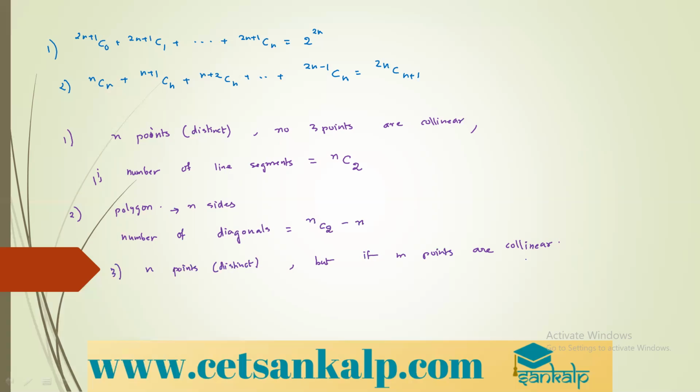And remember, these m collinear points will be greater than or equal to 3 points. Like sometimes 3 points are collinear, sometimes 4 points are collinear, sometimes 5 points are collinear. Like that, m points are collinear, but total n points are there. Out of that, only a few points are collinear.